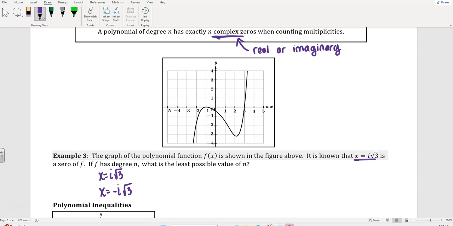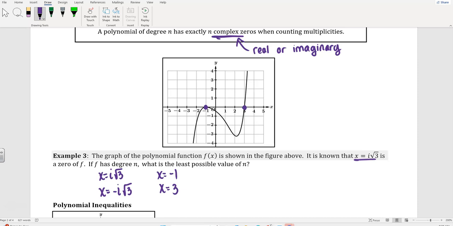So even though they didn't mention it, I have two imaginary zeros. Then I want to look at the graph. On the graph, I have 2 zeros: x equals negative 1 and x equals 3. Now they are asking me for the least possible degree.